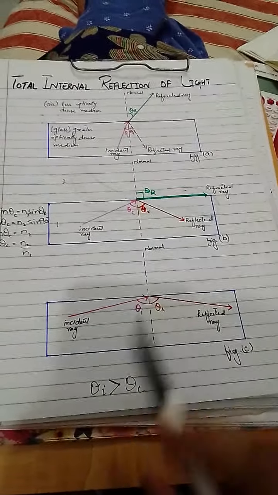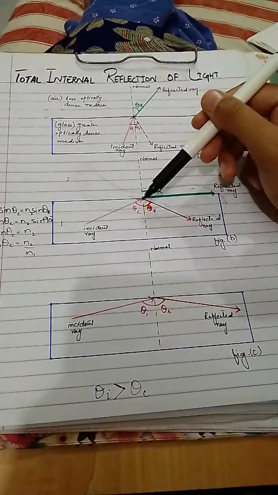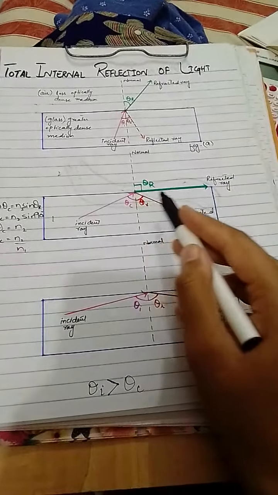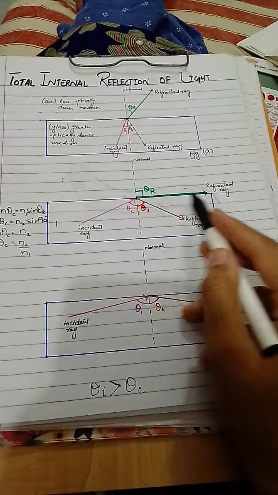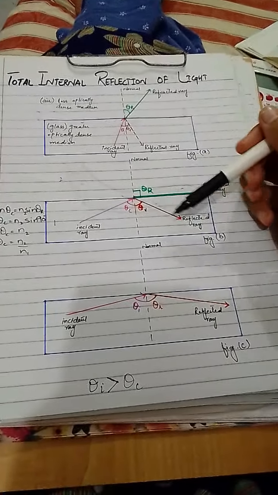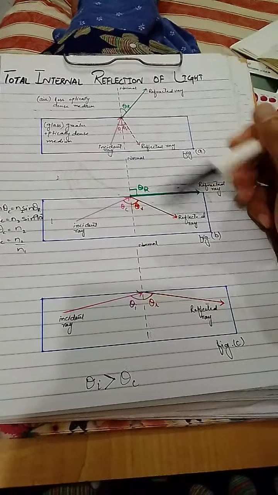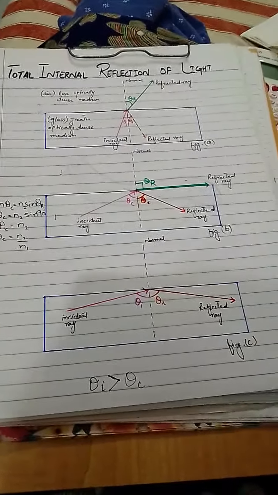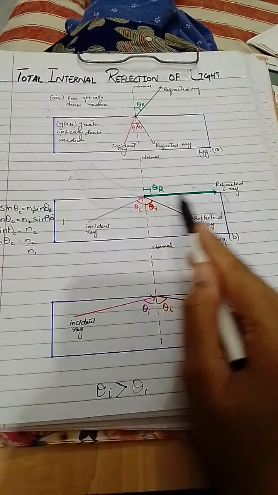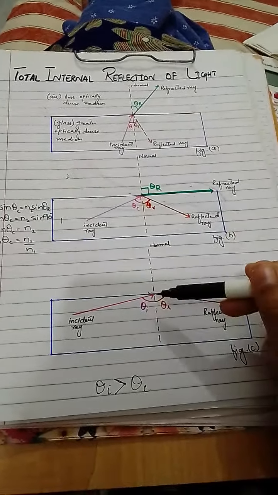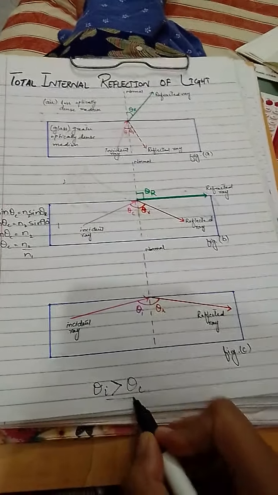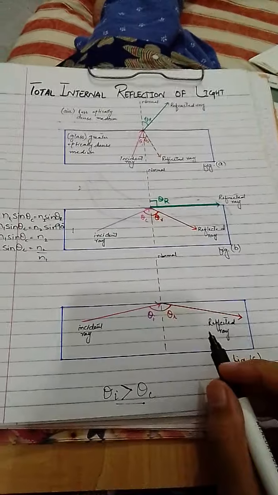If it's equal to theta c, then what would happen? We will have a refracted ray, of course. For total internal reflection of light in the same medium, we don't need this refracted ray over here. We need complete reflection in the same medium. So this is the second condition for the total internal reflection of light.